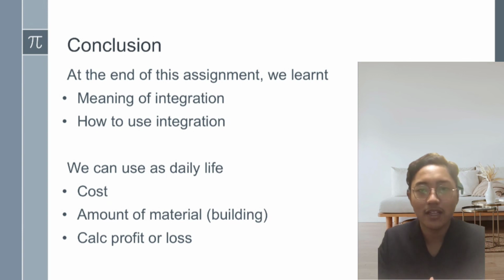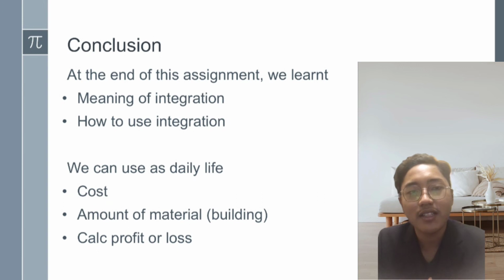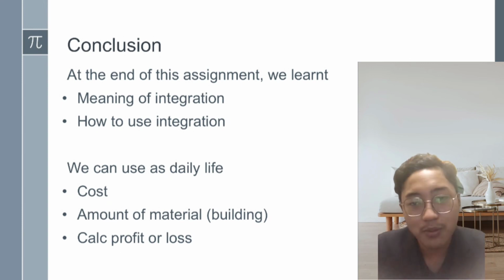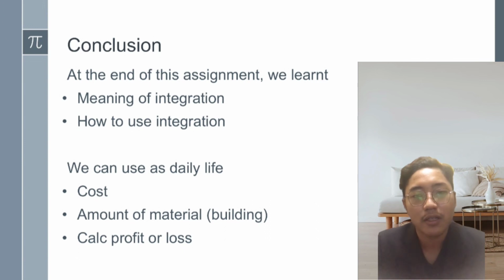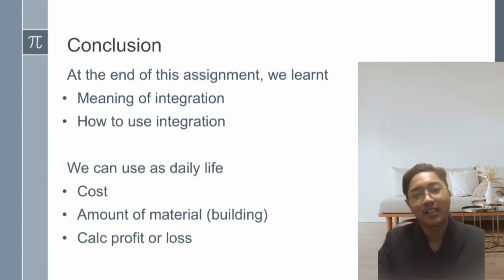To calculate all of this, we need some calculation from integration. So do you think it is easy to find the size of water to fill the pool? Of course, yes. This is the science of calculus.